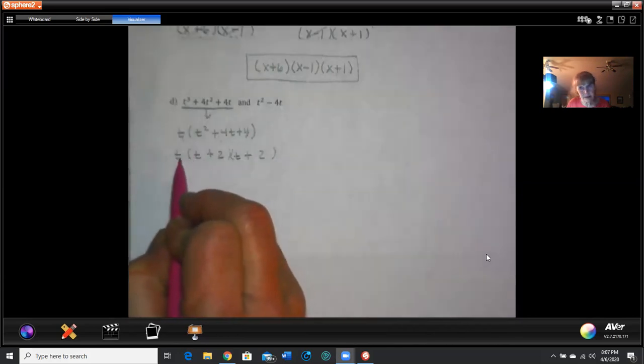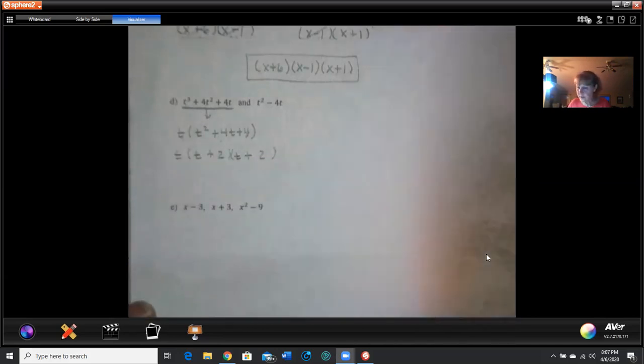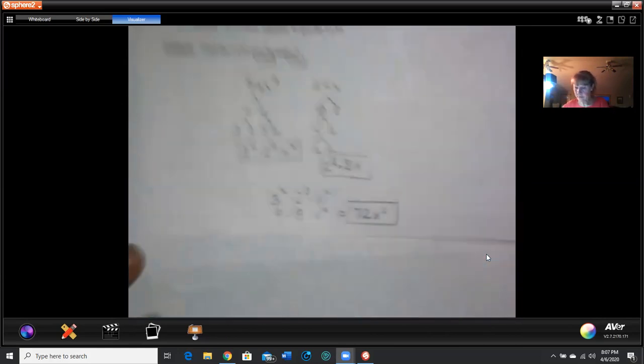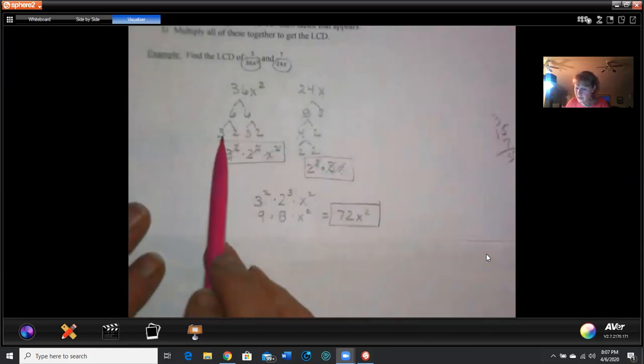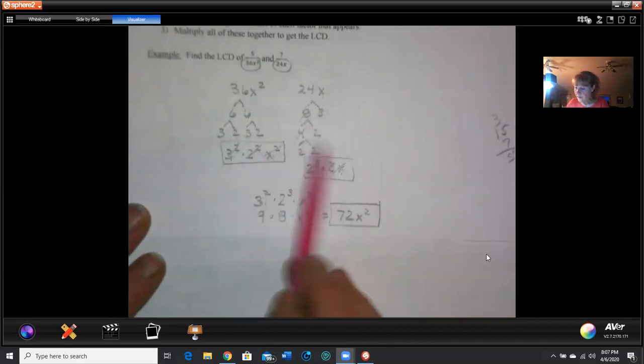I'm going to rewrite this because I'm going to go to the page that we did previously. Looking at this one, notice that I had 2 3s and I wrote it as a squared. And I had the 2 2s, so I put that. Or even with like I had 1, 2, 3, I had 3 2s.